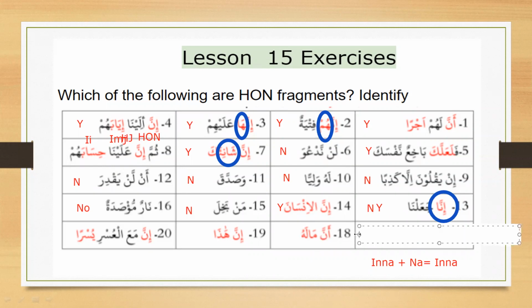This is yes. And in number 18, anna, and then mala. Mala is an ism which is nasb in status. Okay, anna and mala. So this one is also harf of nasb.